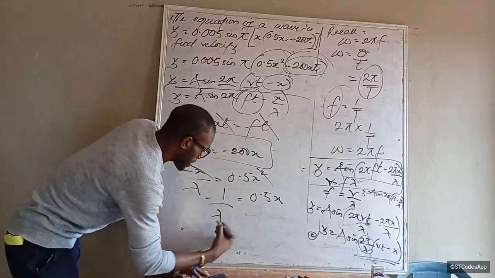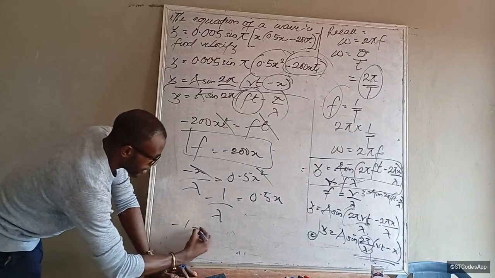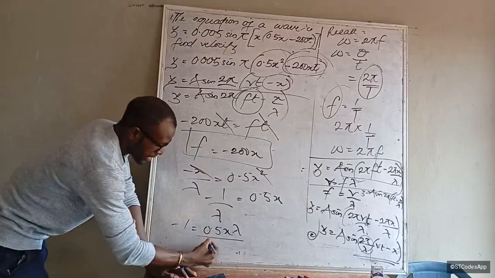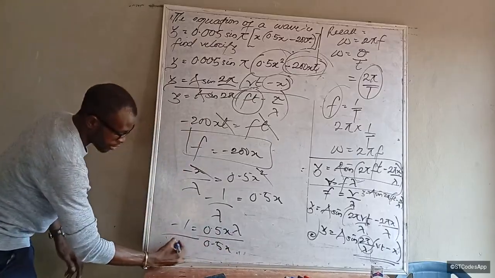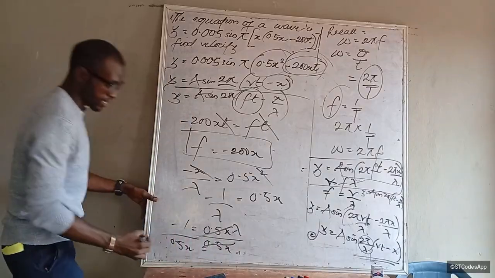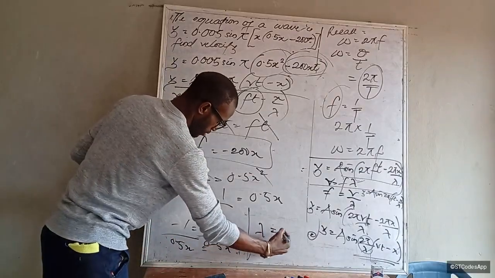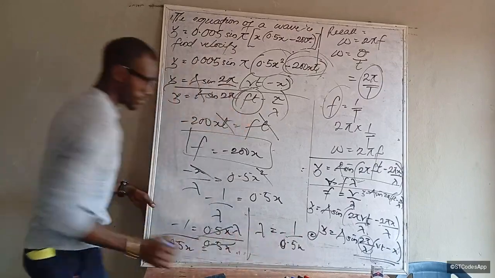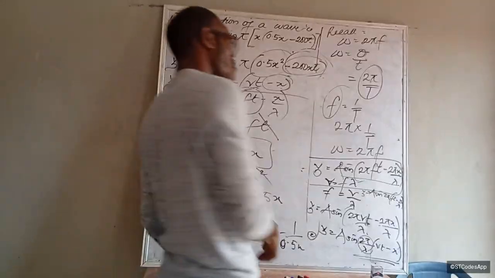Okay, cross multiply. Minus 1 is equal to 0.5x lambda. The other side is 0.5x plus 0.5x. This takes care of this. So lambda is equal to minus 1 over 0.5x.